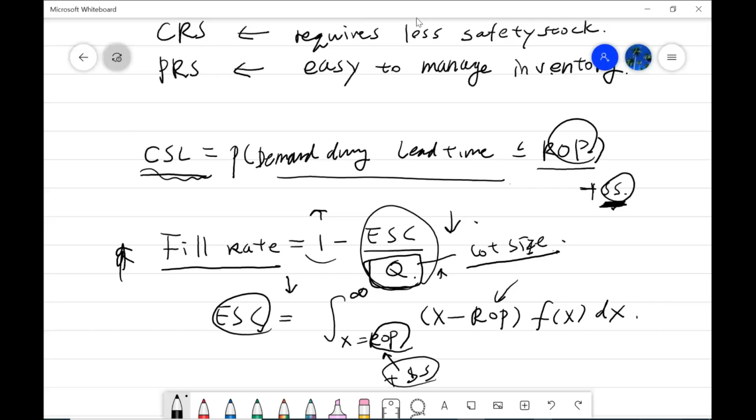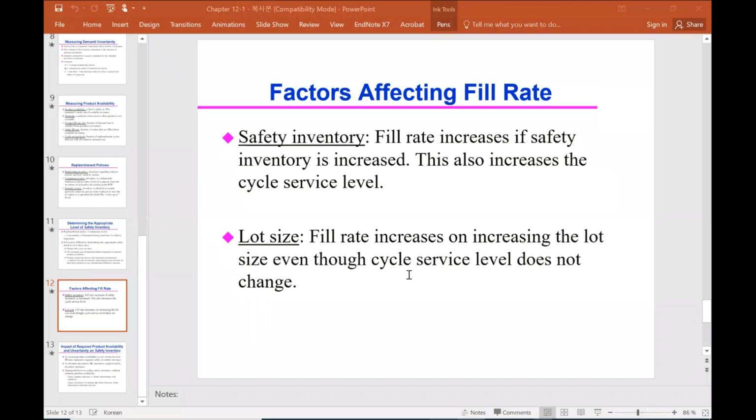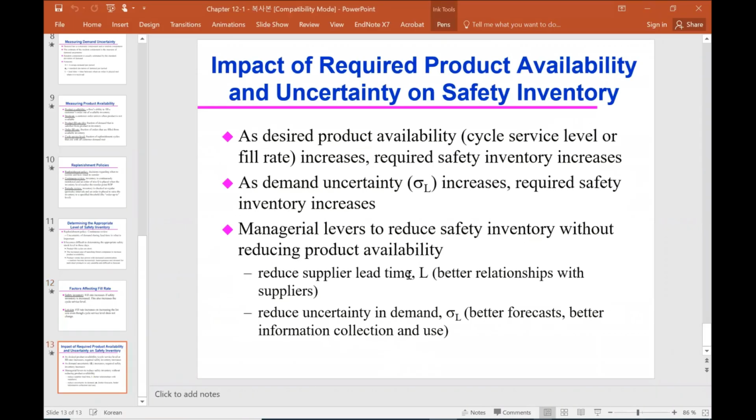So let me get back to the PowerPoint slide again. This is kind of a conclusion. I'm getting back to the original question I tried to answer at the start: how can we maintain good product availability and at the same time reduce the safety stock? As the desired product availability increases, you need a lot of safety stock.